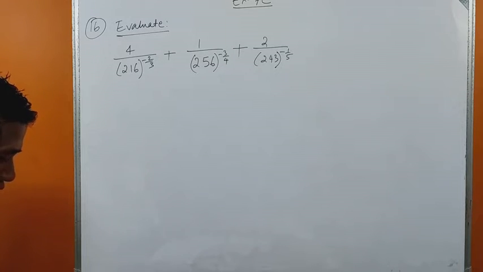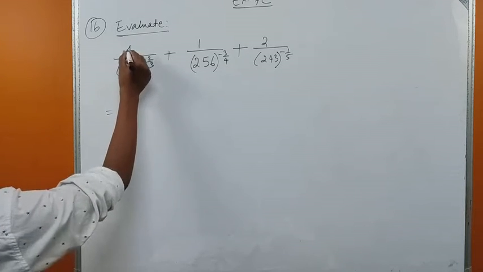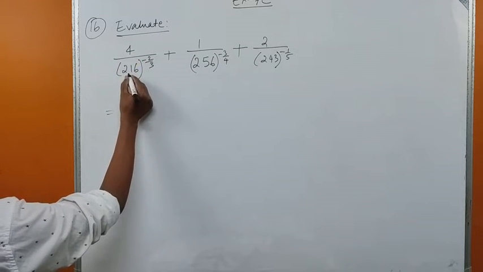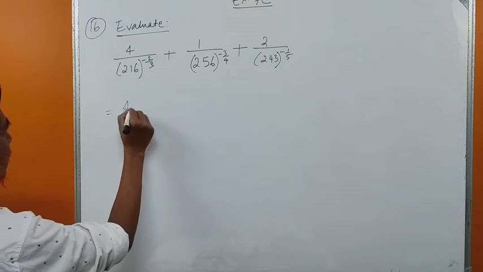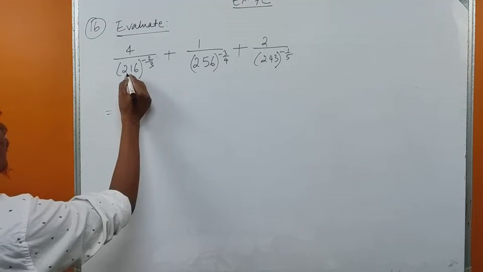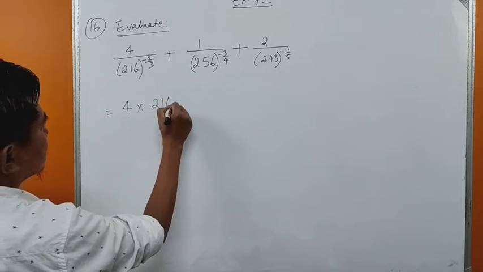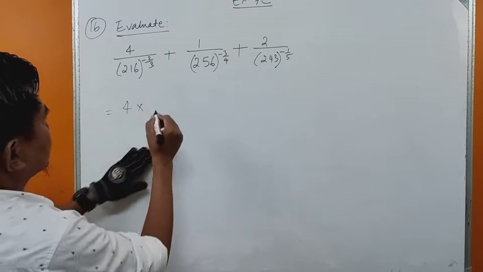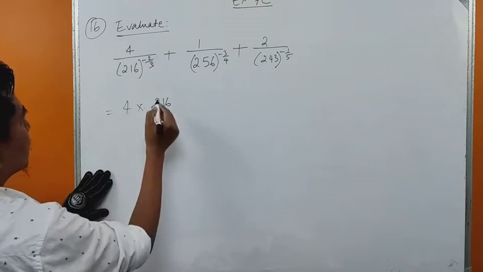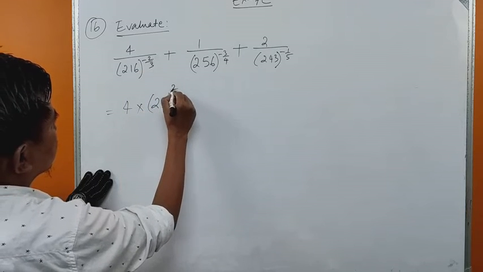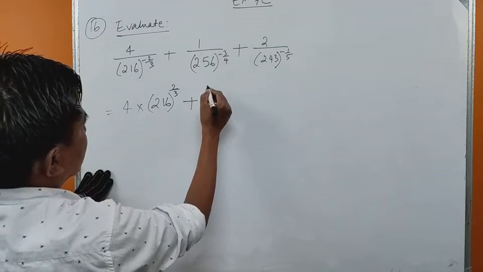Now what we do is we have 4 upon 216 whole to the power minus 2 upon 3, isn't it? So we write 4 into, we bring this number 216 to the numerator, 216 to the power minus 2 upon 3 becomes plus 2 upon 3, plus 1 upon this.